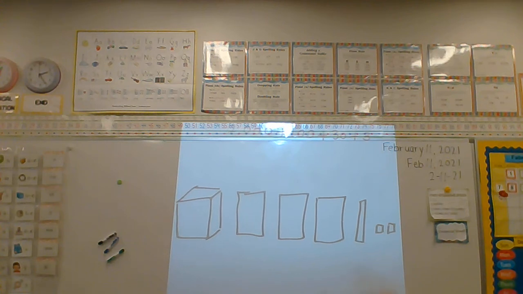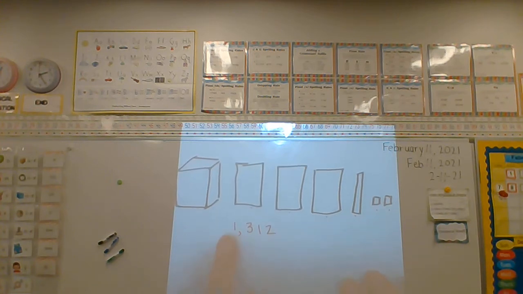How many 1,000 cubes do you see? 1. How many 100 flats? 3. How many 10 sticks? 1. How many units? 2. What is this number? 1,312.